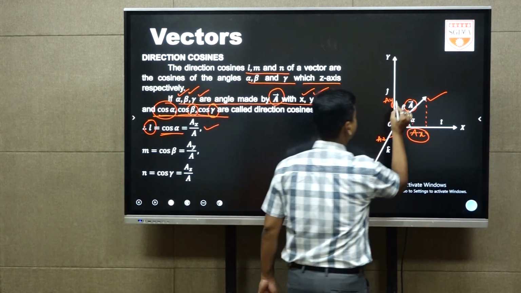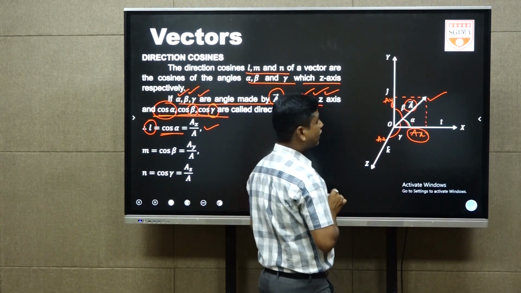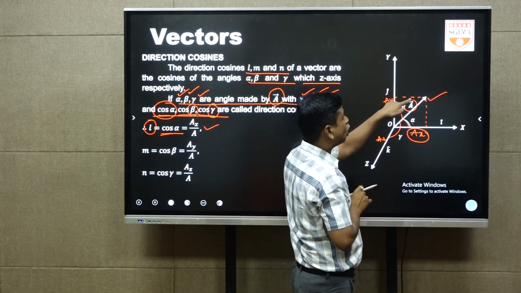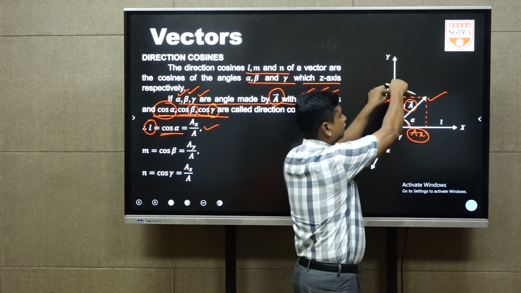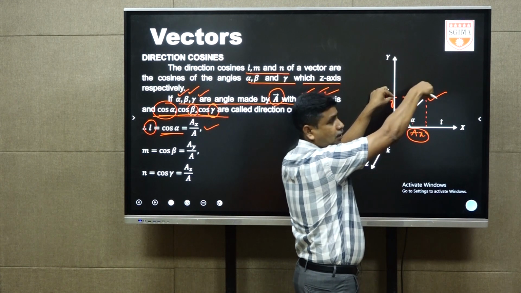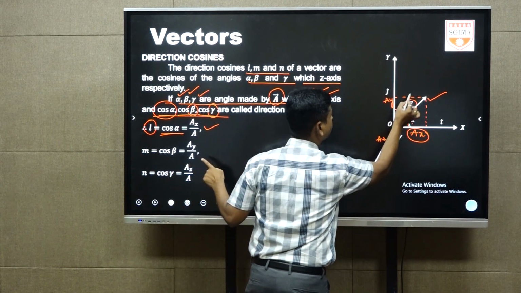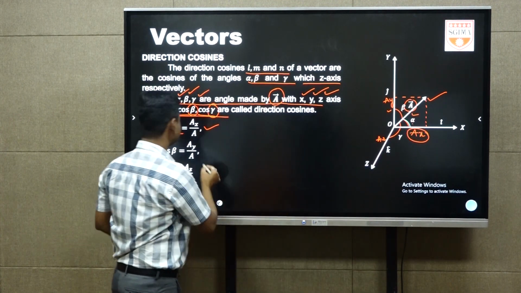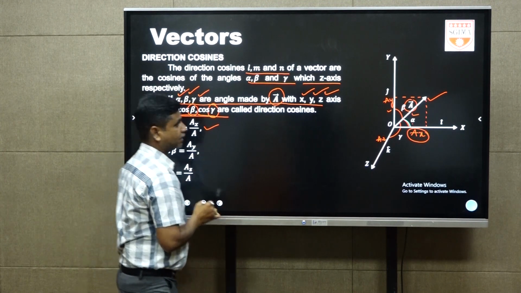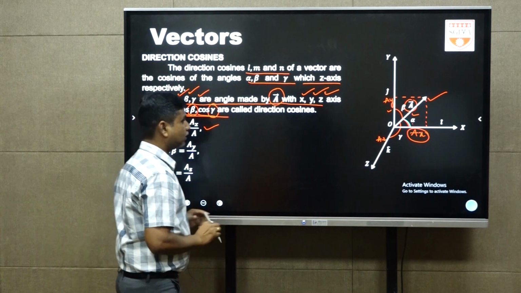Next cos beta. Here one line will close a right angle triangle, but this dotted line is also not in the xy plane. Try to understand, this line is in the air. Then cos beta equals adjacent upon hypotenuse, adjacent value is AY, hypotenuse is A. Next cos gamma.